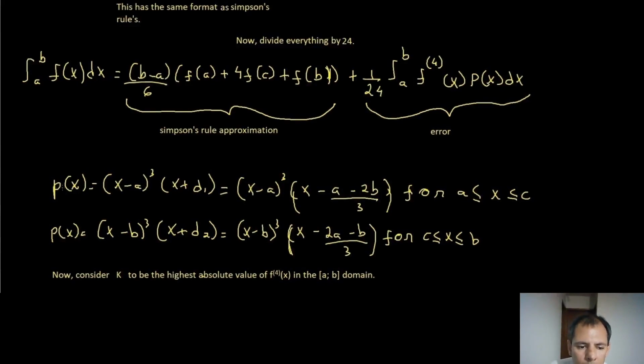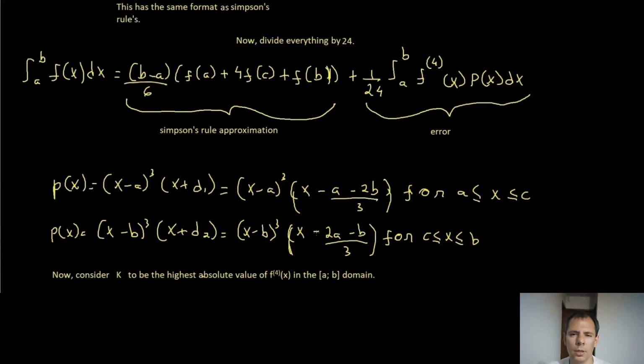Here I'm just saying that p of x is x minus a cubed, x plus d1, but now we have the value of d1, so I just plugged it in here. And the same thing for the p of x to the right of c, which is this one. Now consider k to be the highest absolute value of the fourth derivative of f of x in the a to b domain.